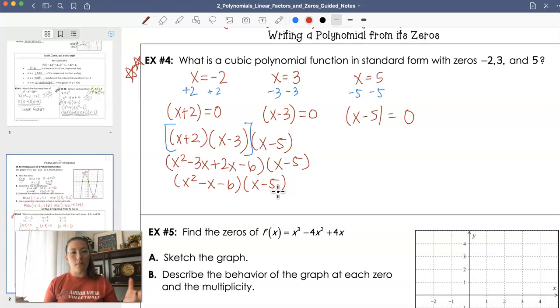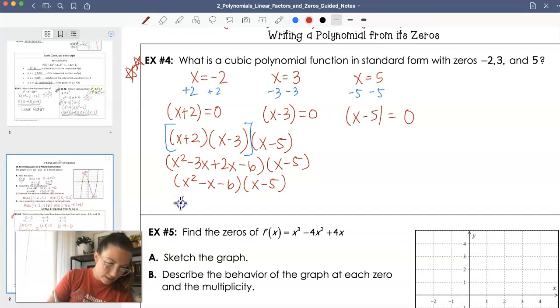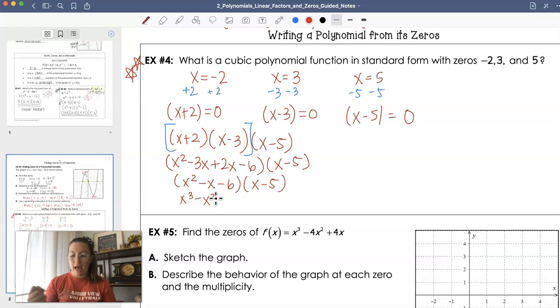Okay, so now we're going to multiply these together. I'm going to multiply backwards because to me it's easier. So I'm going to multiply the x minus 5 to the bigger one. x times x squared gives me an x cubed. x times negative x gives me a negative x squared. x times negative 6 gives me negative 6x.